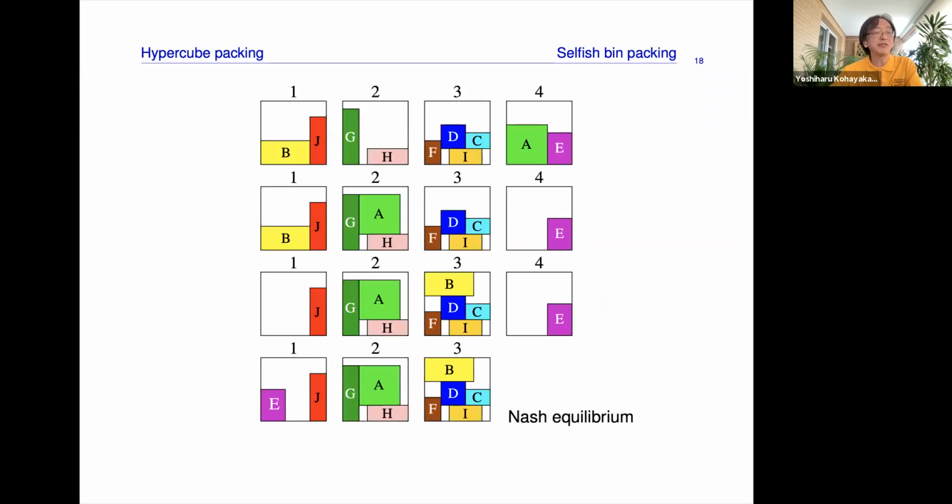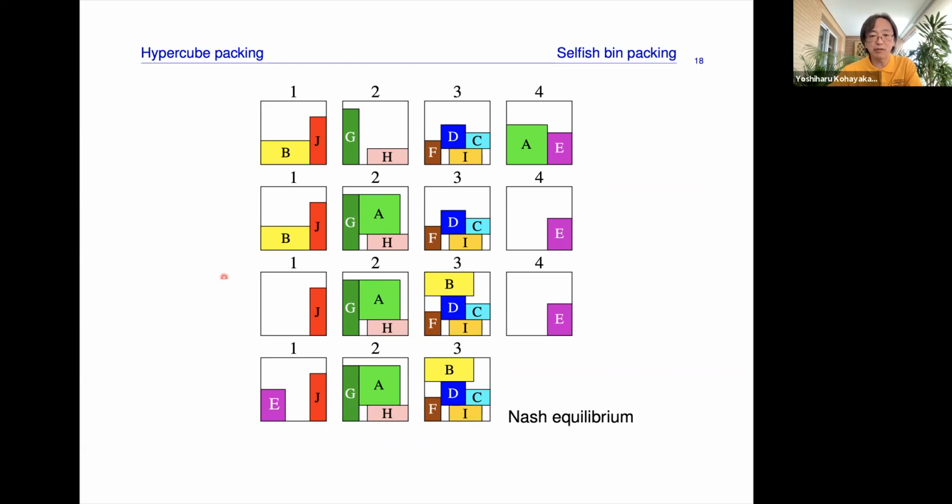But now we have these selfish players. For instance, maybe you have this packing in the first row. Then if you look at the second row, you see that item A, this light green one on the right, moved to bin 2. It did that because that way A pays less. The players can now move.